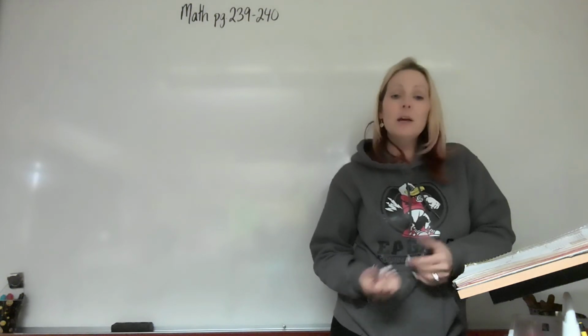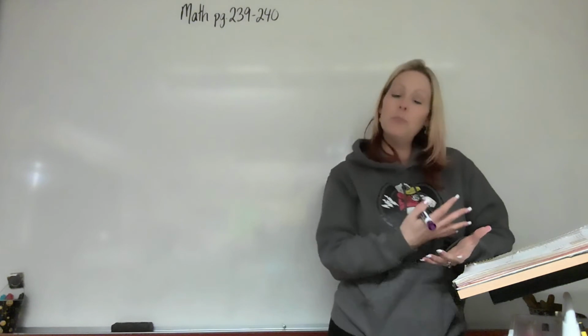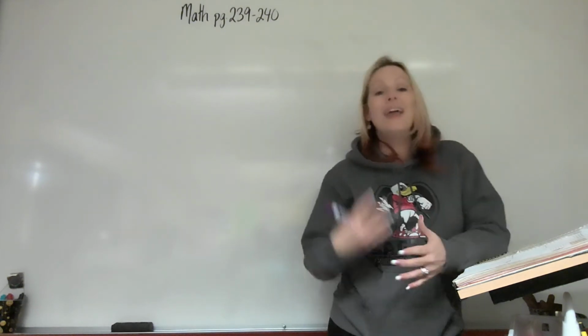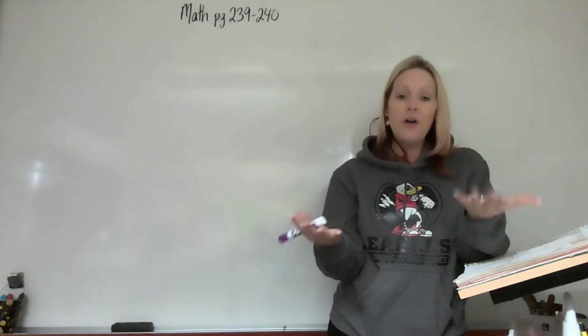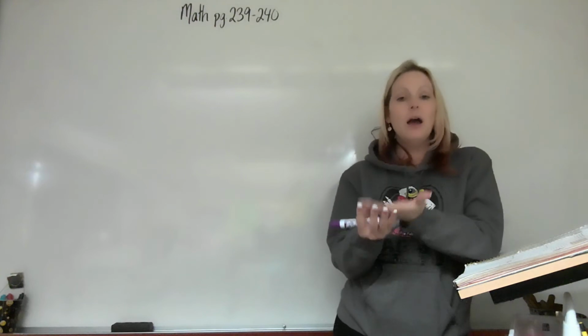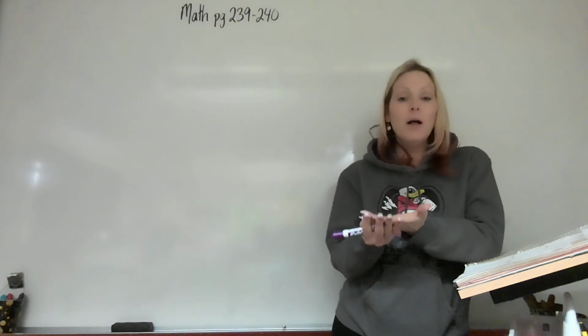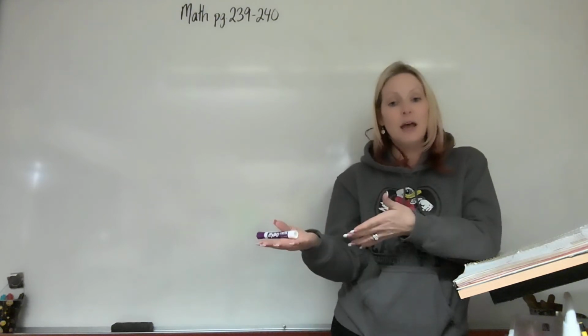Now, with finding a part of a whole, I want to go over an example first. The same kind of example that we used yesterday, which was if I had a $10 bill, and I also had a $5 bill, what part of the $10 bill would the $5 bill be? Well, pretty easy, right? We know that if I have two fives, then I would have a 10.